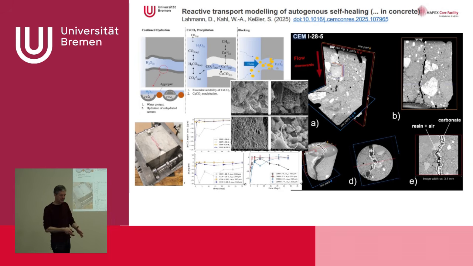You pour water into it, and some things in the composition of this cement, the Portland component, can really act as a self-healing issue in this process of water flowing through cracks in concrete. That was what I was investigating with colleagues from Hamburg University.